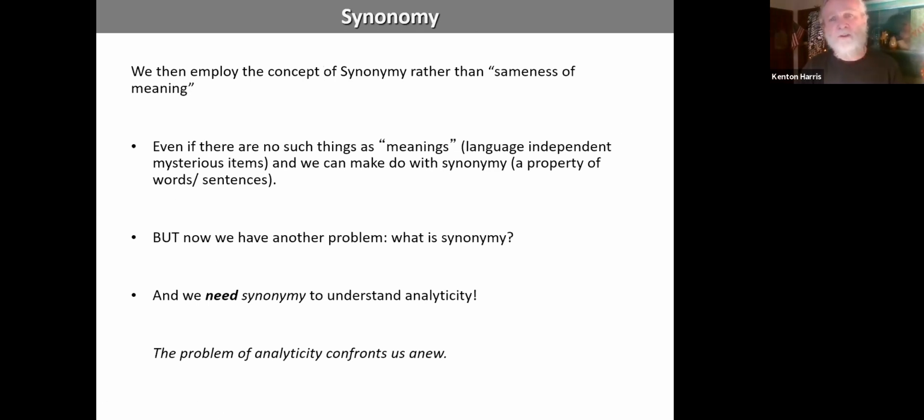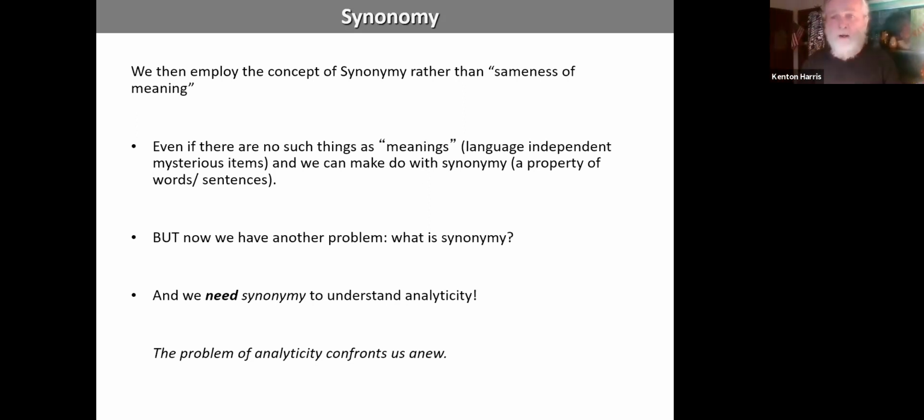Even if there are no such things as meanings, language-independent mysterious items, we can make do with synonymy, a property of words or sentences. A point I probably haven't been making as well as I would have liked is that synonymy is a feature of a relationship between two words in a language, such that languages are constructed in a way that there's a relationship between these words and they are understood to be synonymous.